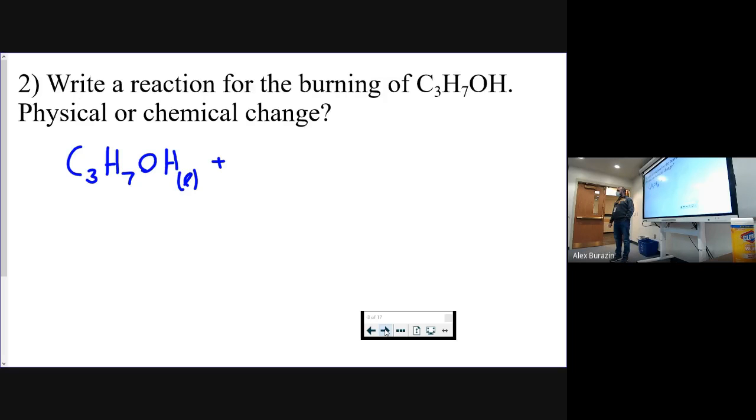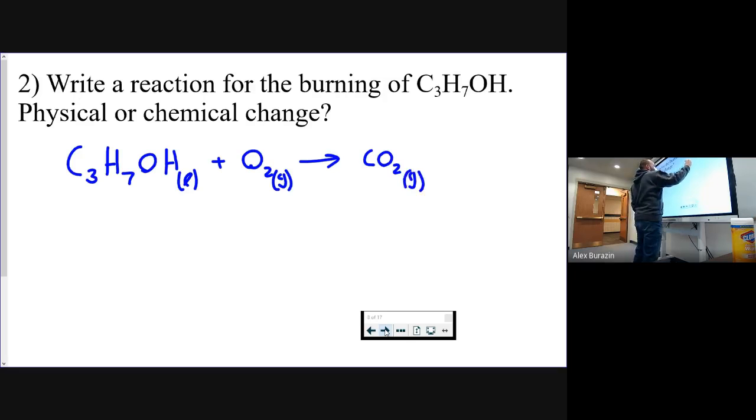No, that's going to show up on the other side. What's the other reactant when you have combustion? We need some oxygen. After it's all done burning, one of the products is carbon dioxide.